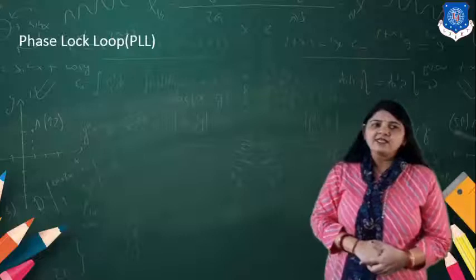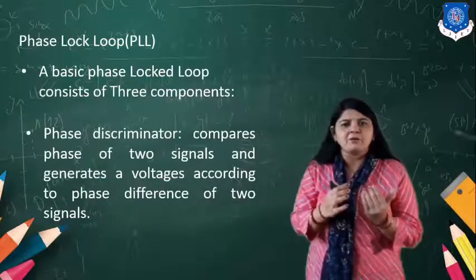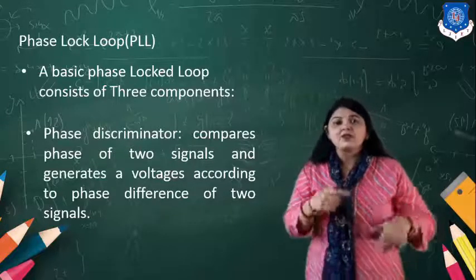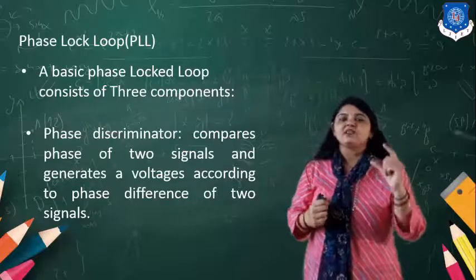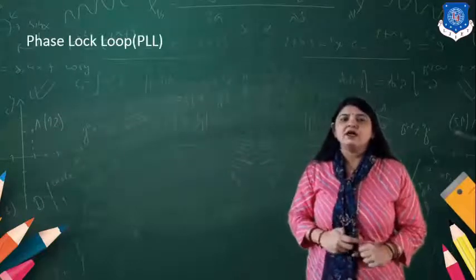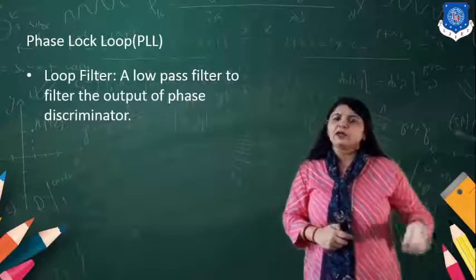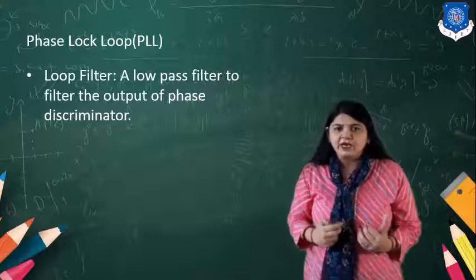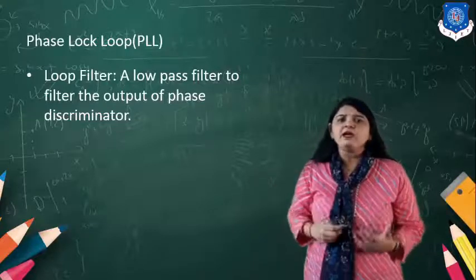Now the phase discriminator, what is that? It will compare the phase of the two signals and generate a voltage according to the phase difference of the two signals. Here it will compare the input and the output frequency, and according to the frequency, the voltage would be generated.